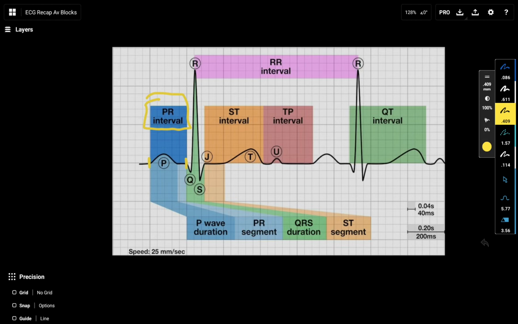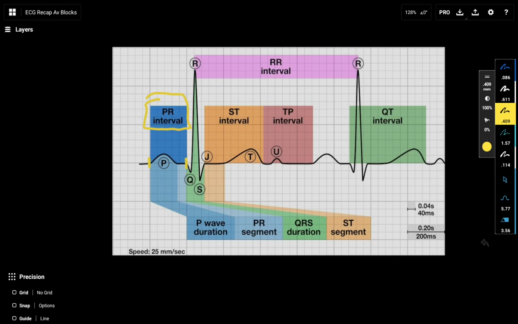The PR segment, instead, is calculated again in milliseconds. It's a flat line between the end of the P wave and the beginning of the QRS complex that simply signifies the little delay in the conduction between the atria and the ventricle. That is not the one that we are interested in.